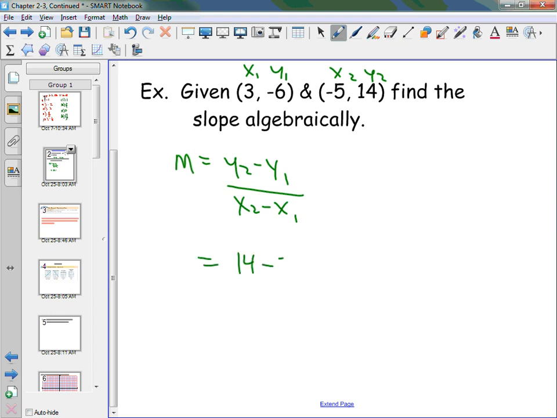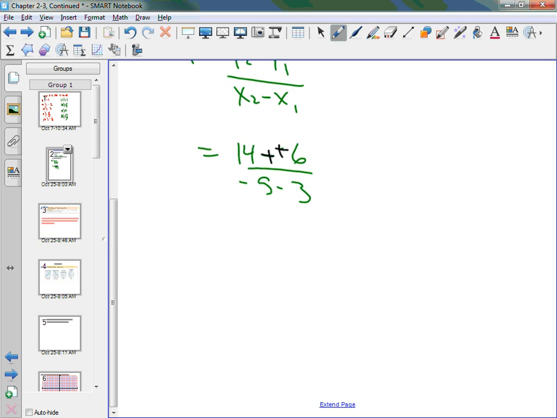So this is 14 minus -6, over -5 minus 3. Do we see any double negatives there? Yes, and what do those become? Positive. So now I'm going to have 20 over -8, and does that make me happy? No, what do I have to do? I have to reduce. So what's 20 over -8? 5 over -2. Do we all understand how to find the slope algebraically?